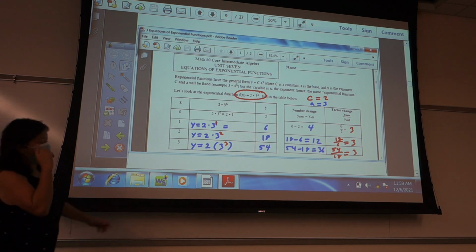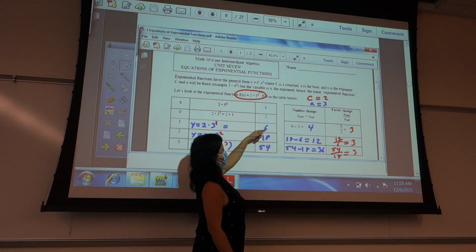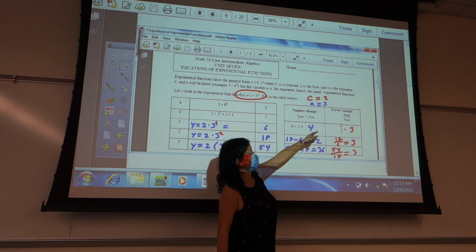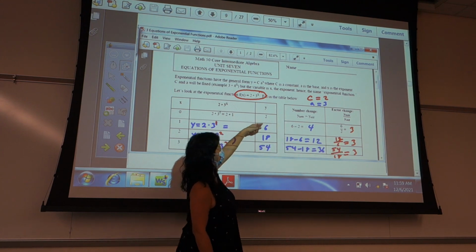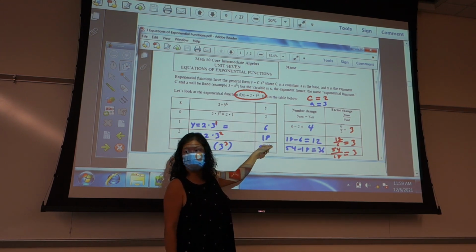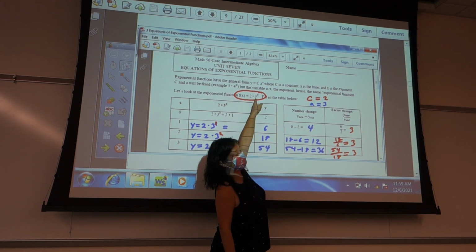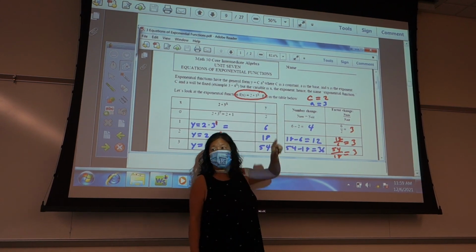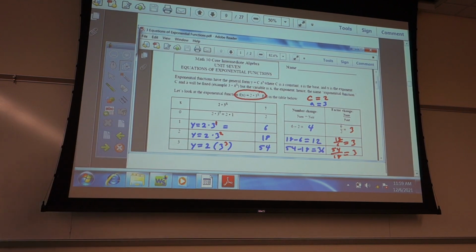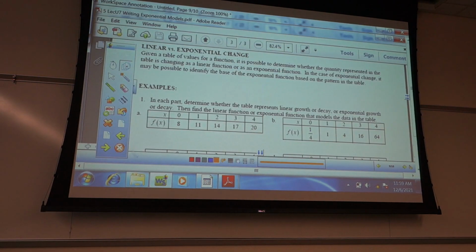We said that we didn't go by adding the same amount each time. We went by multiplying by the same amount each time. Multiplied by 3, multiplied by 3, multiplied by 3. That's our multiplier, that's our growth factor right there. And that's what you're doing in the problems we've been doing recently. The same thing.